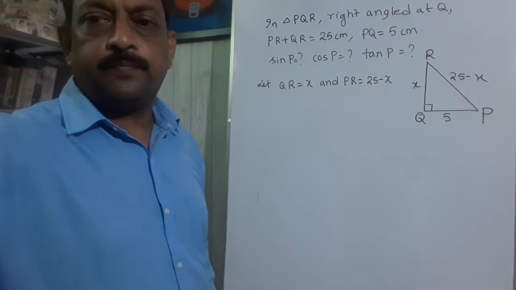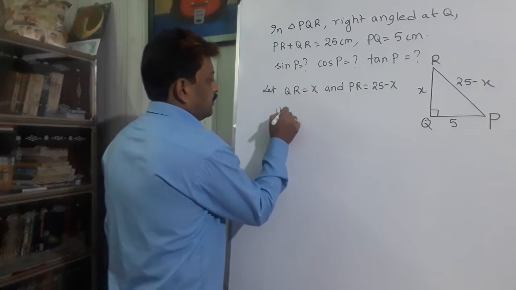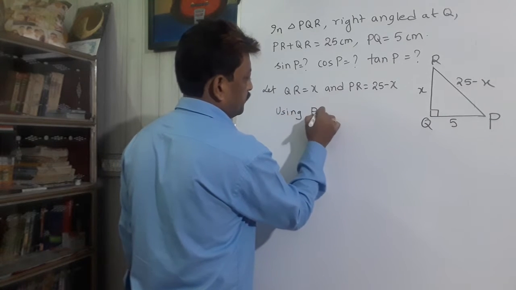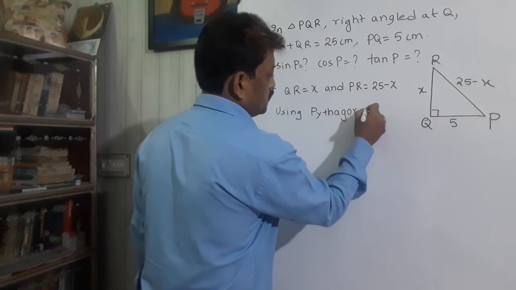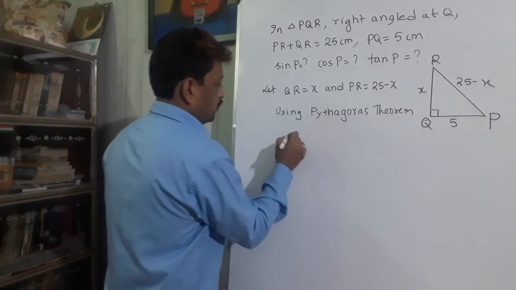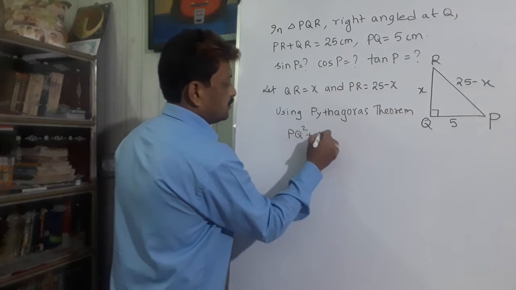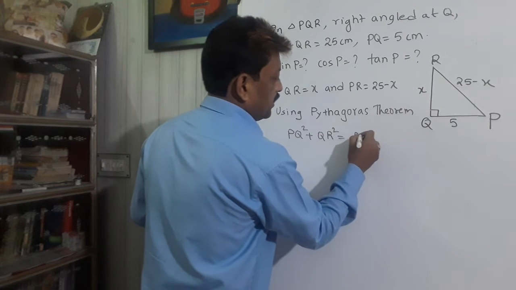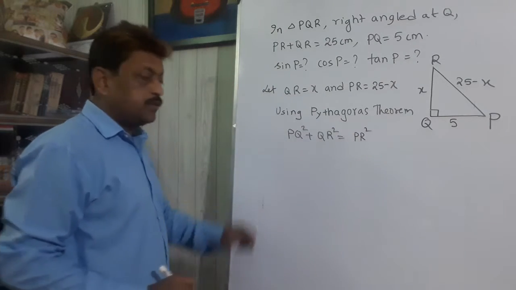Okay, so using Pythagoras theorem, we have PQ square plus QR square is equals to PR square. Okay, this is Pythagoras theorem.